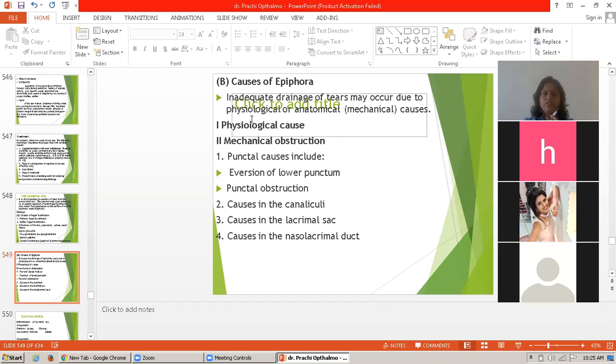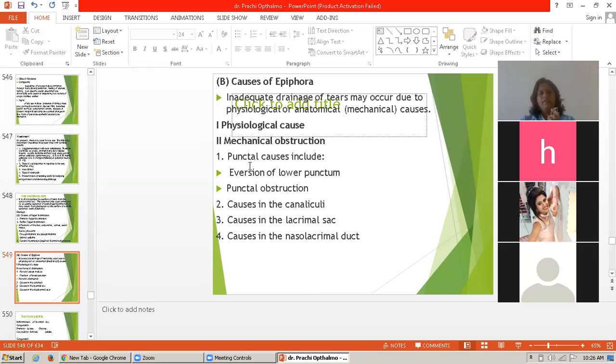So, the causes of epiphora, when there is inadequate drainage of tears, may occur due to physiological or anatomical mechanical causes. First is the physiological cause and second is mechanical obstruction. In mechanical obstruction, first are the punctal causes, which include eversion of the lower punctum and punctal obstruction.